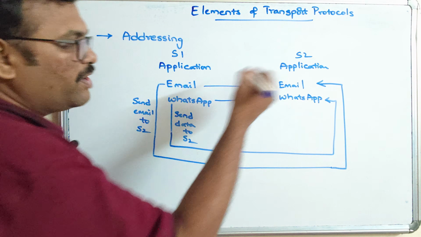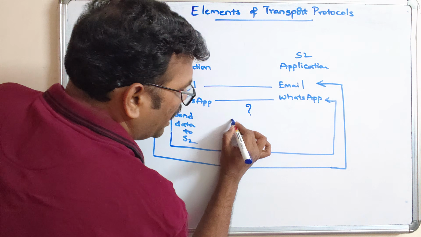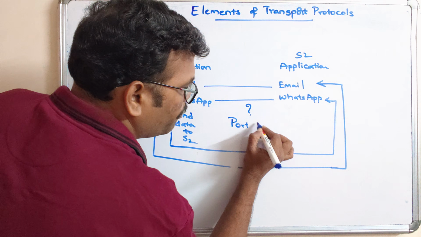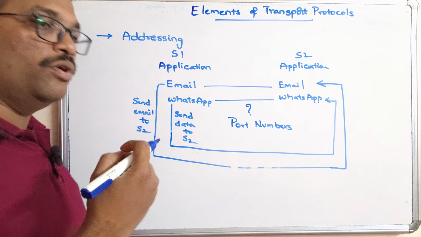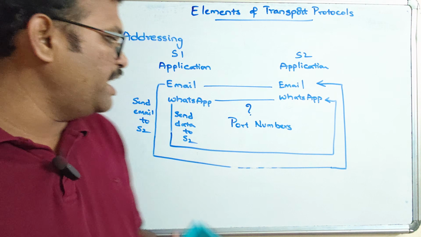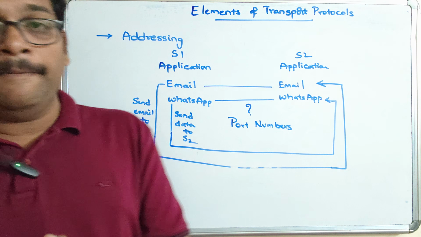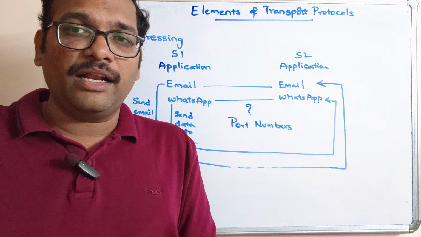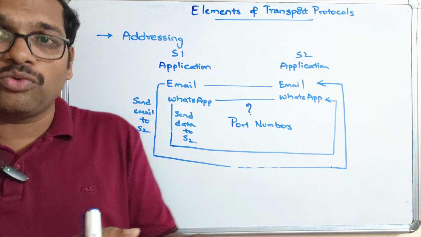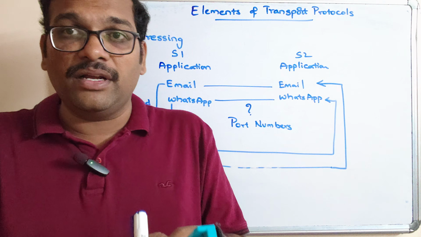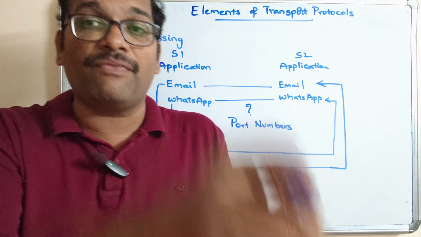So how can it be identified? With the help of port numbers. For every application there will be a port number. By identifying the port numbers, the data will reach the correct destination. So far we have seen that the data reaches the LAN through an IP address, and after that it checks the MAC address to identify the device in the LAN.